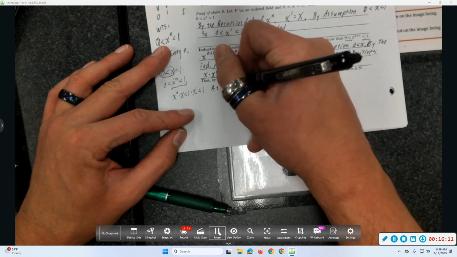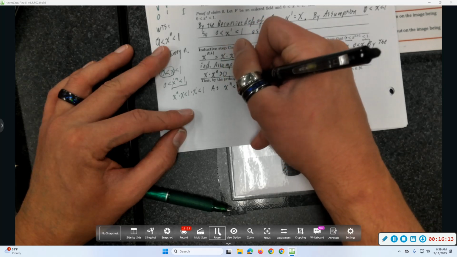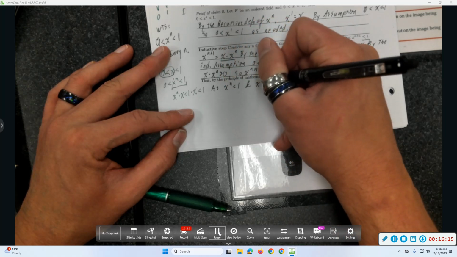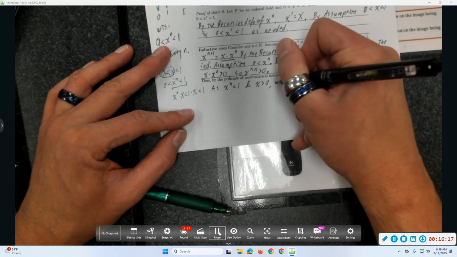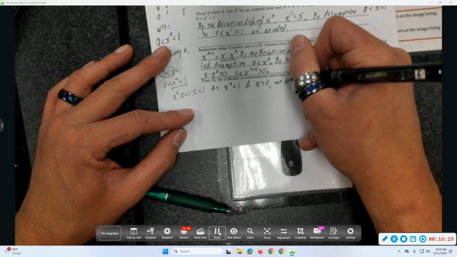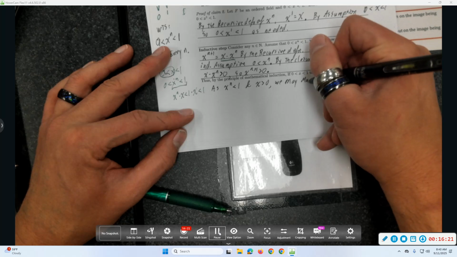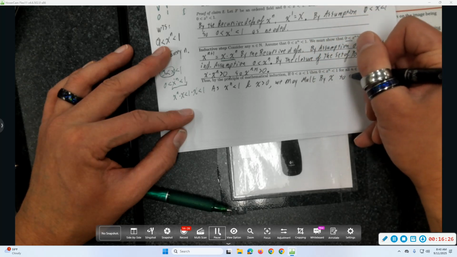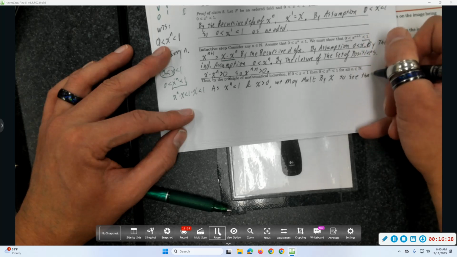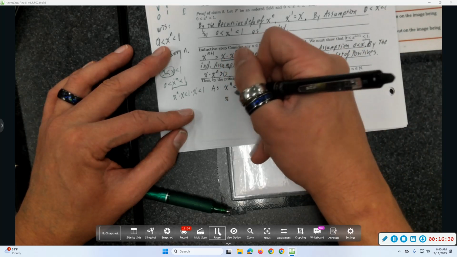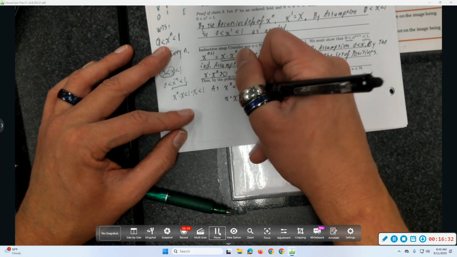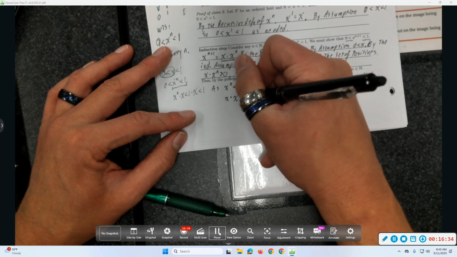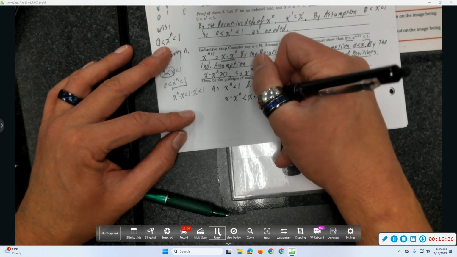As x to the n is less than 1 and x is bigger than 0, we may multiply by x to see that x times x to the n is less than x times 1.